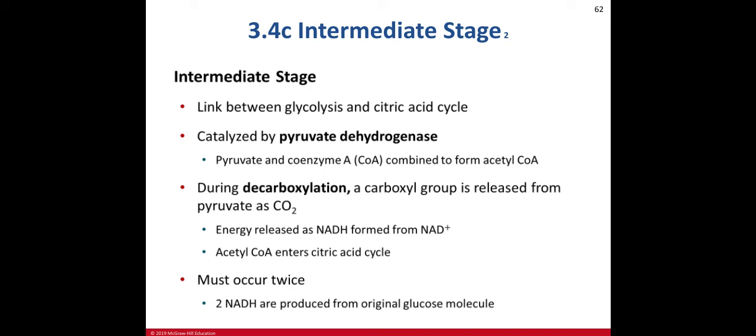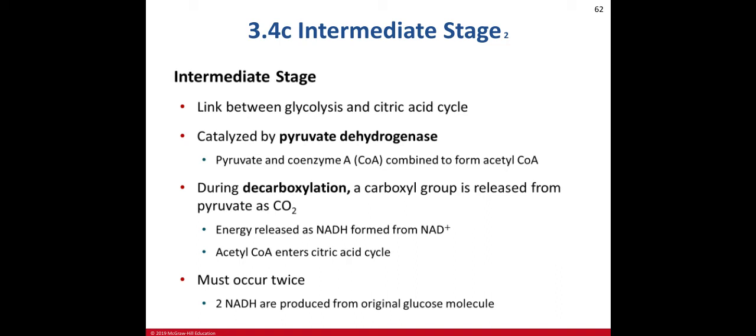This intermediate stage is going to link glycolysis and the citric acid cycle. This is where you should know that we have this enzyme, pyruvate dehydrogenase. It is going to take pyruvate and something called coenzyme A, do a reaction to make acetyl-CoA. During this decarboxylation, a carboxyl group is going to be released, and that is going to be where we get our CO2.